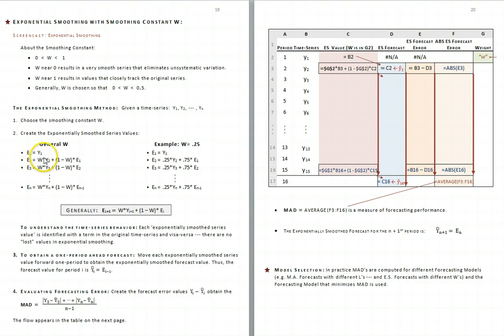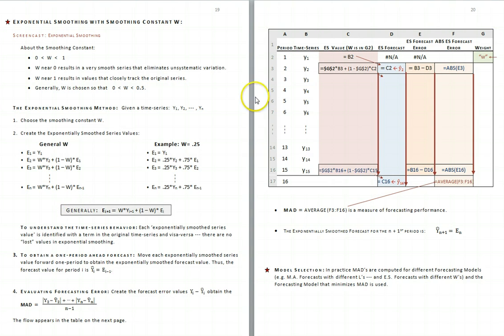Each puts a weight of W on the corresponding actual series value and a weight of 1 minus W on the previous exponentially smooth series value. So E2 is W times Y2 plus 1 minus W times E1. And as I said, that pattern follows through all the exponentially smooth series values.